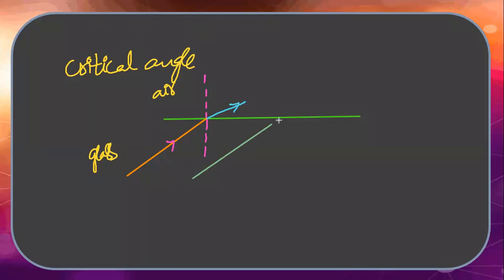If the light ray is incident like this, the angle of incidence will be like this. The angle of incidence is taken as I1 here, and as I2 here. I1 is less than I2.